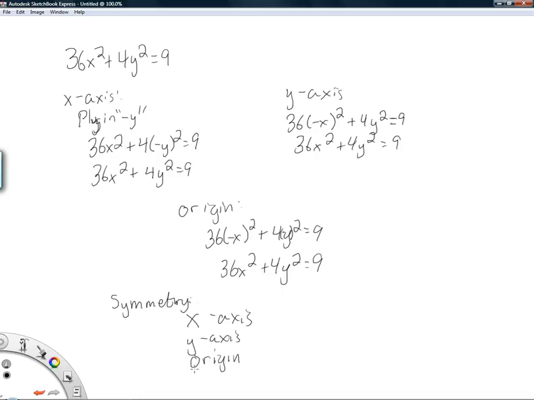So let's try another one. This time, let's make the equation x minus y squared equals 10. Again, to test for x-axis, we plug in the opposite of y. So x minus negative y, or opposite of y, squared.